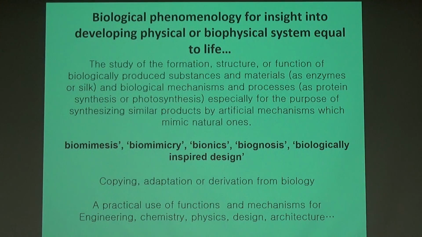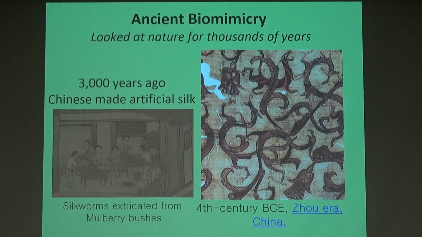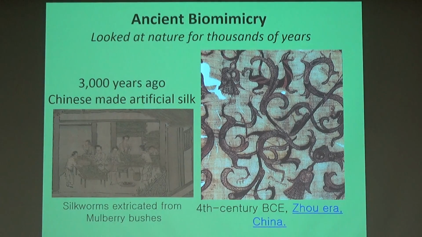That goes more into the definition; I'll just skip that. So, as I said, biomimicry is in all of us. There's biomorphism. We've always looked to nature, and we're always very inspired in all sorts of ways. In terms of technology, there's ancient biomimicry: technologies taken from nature, learning from nature, done thousands of years ago.